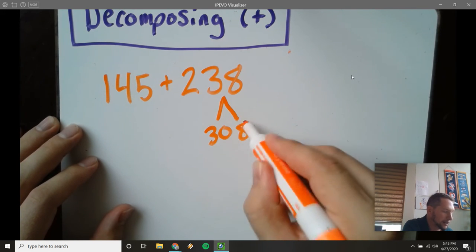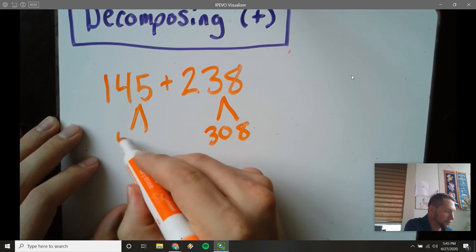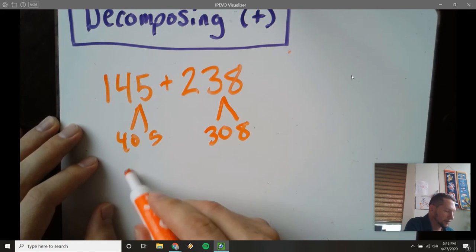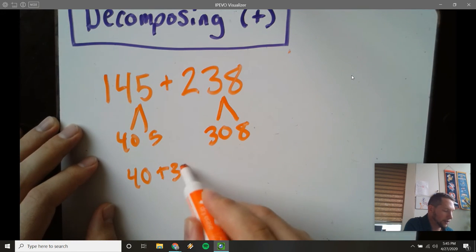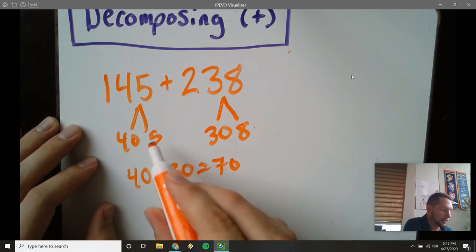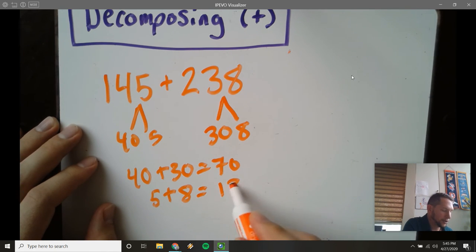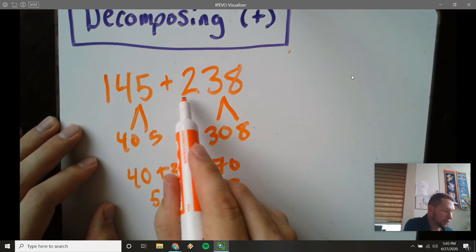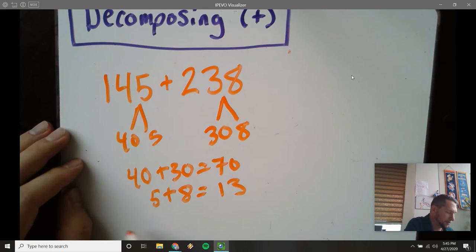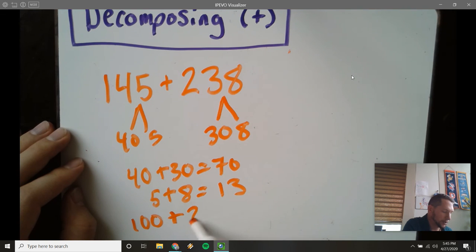A 30 and an 8, a 40 and a 5, 40 plus 30 equals 70, 5 and 8 equals 13. And then I could do my hundreds. 100 plus 200 equals 300.